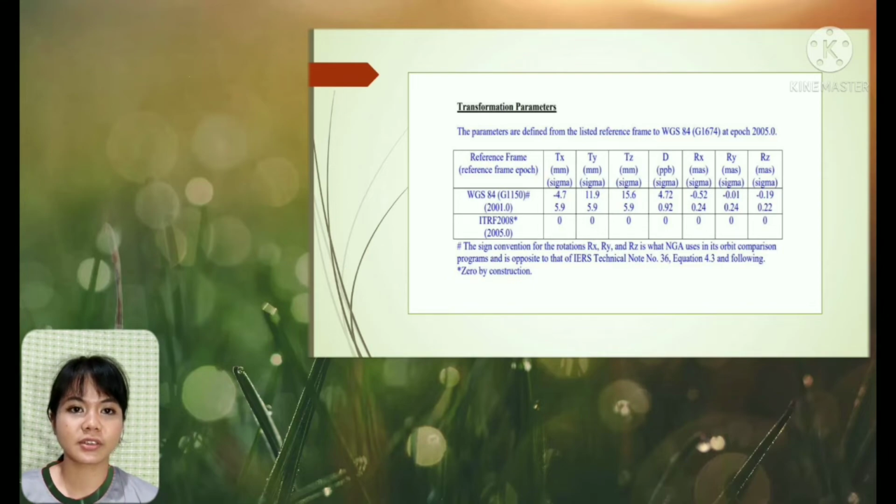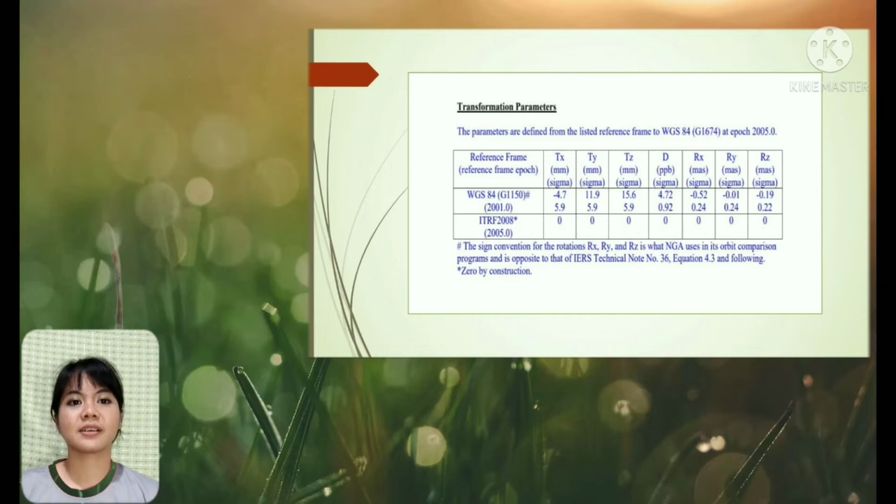So RX, next in line, the WGS84 G1150 has a negative 0.52 and 0.24, and then again ITRF is the same, 0. So the RY, the WGS84 G1150 has a negative 0.01 mas and 0.24 sigma. And then again, ITRF 2008 has 0.